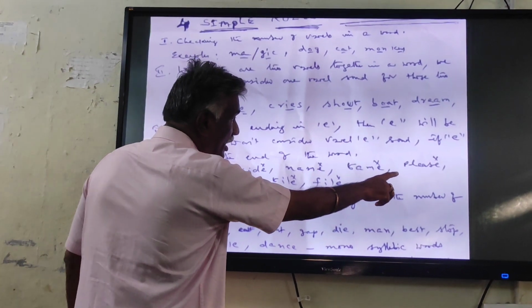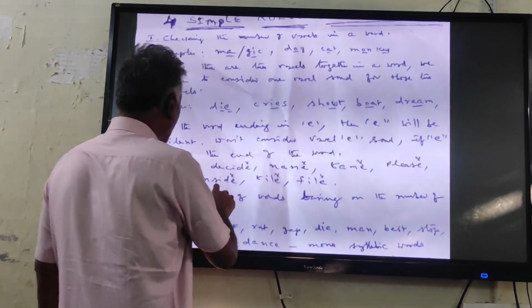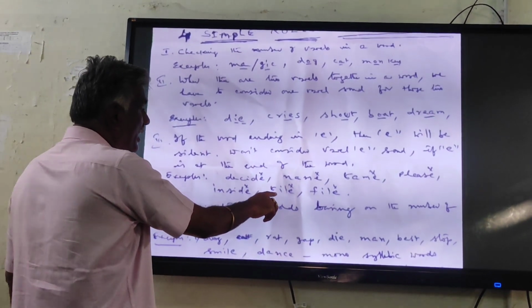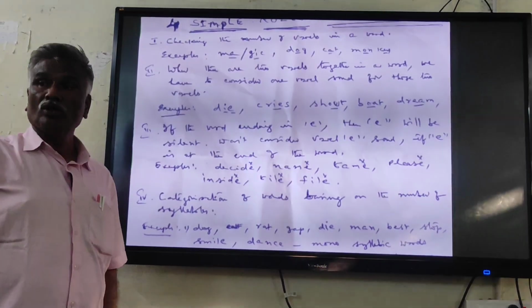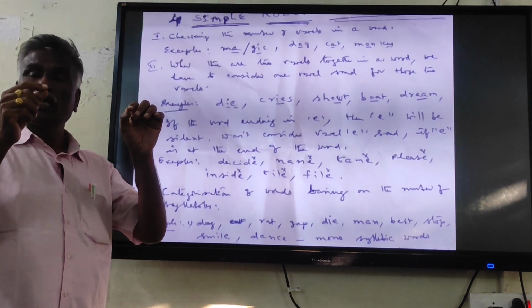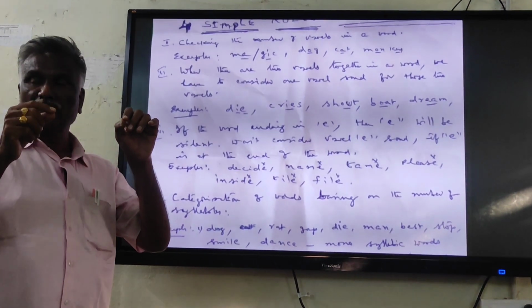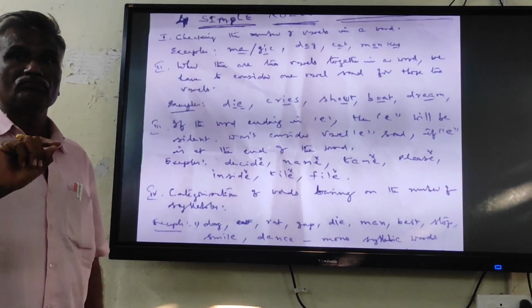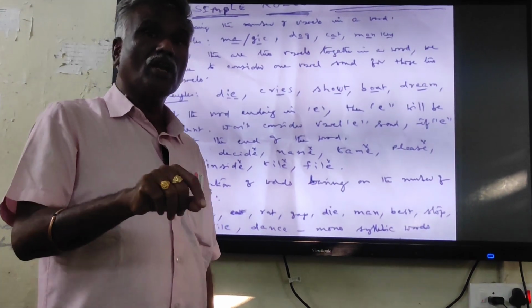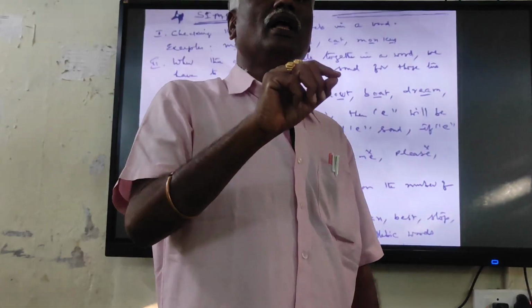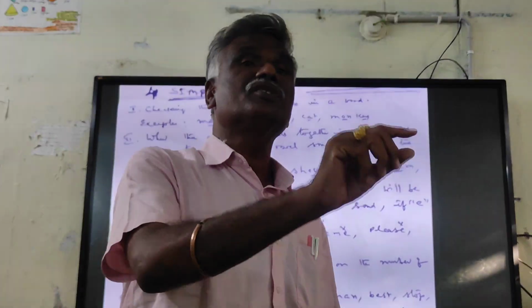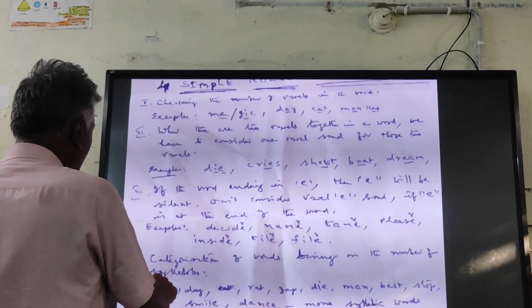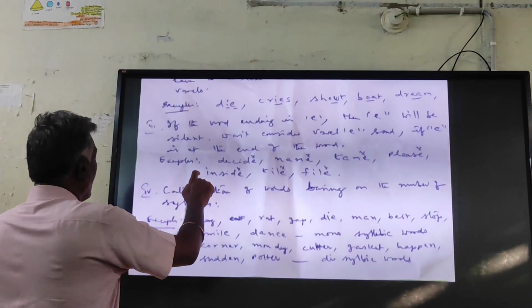Claim, it is silent. Please, E is silent. Inside, E is silent. Tile, E is silent. File, E is silent. Understand? So in all the words ending with E, we should not take the vowel sound E into consideration because it is silent. That is the third rule.